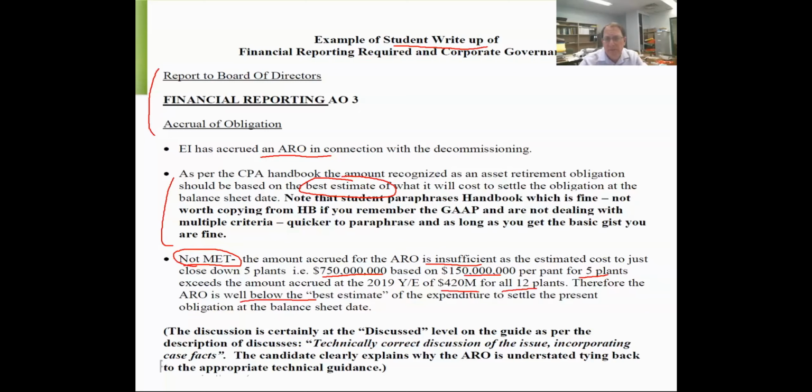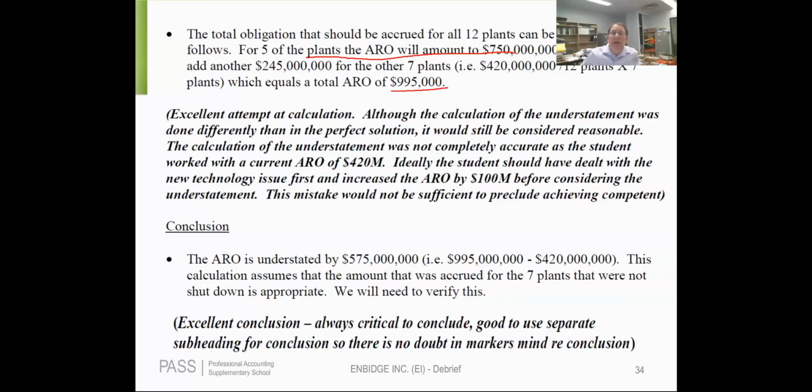What this person did, and again, people, there's more than one way, is they took 420, which is what we had on our books, and they said, okay, fine. If I got 420 and that relates to all 12 plants, I only have 5 left. So within that 420, divided by 12 times 7, I have to add that amount to the 750. So really it's 995. Really it's about another 245,000.